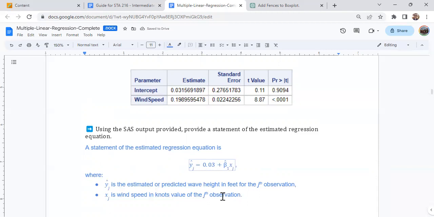So we'll round out to 3 decimal places here, I guess. So 0.032, which we got from here. And then the slope we get from right here, right? So 0.199. Okay, so for the estimated equation, we give it with the numerical estimates for the betas, like that.